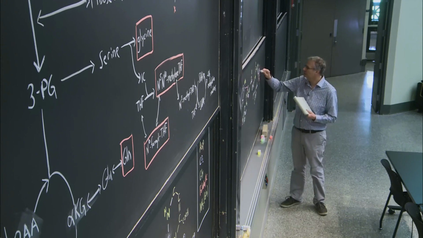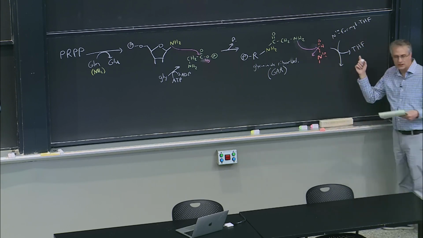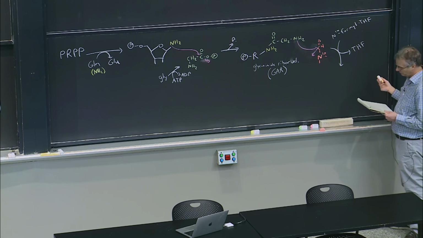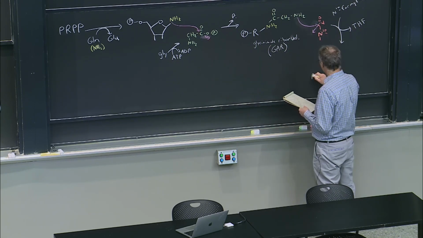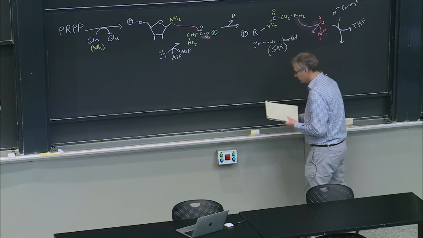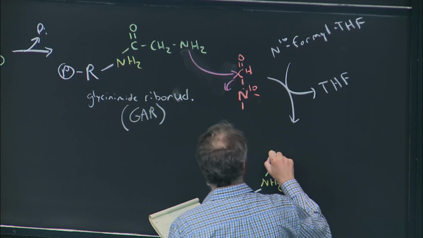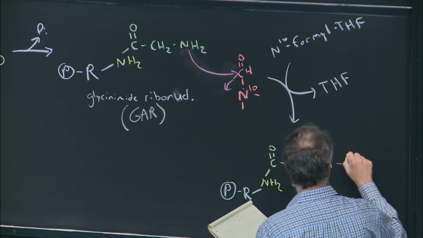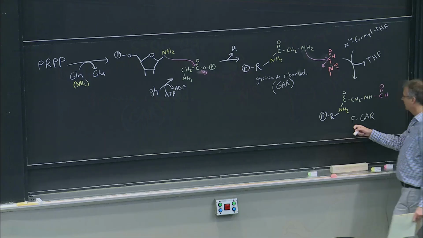That's going to take the 1-carbon unit off to regenerate THF, which of course can pick up the 1-carbon unit again from serine and glycine, and then undergo an oxidation reaction to get the formate group, the N10 formyl THF, and that generates this intermediate, which is called FGAR for formyl GAR.